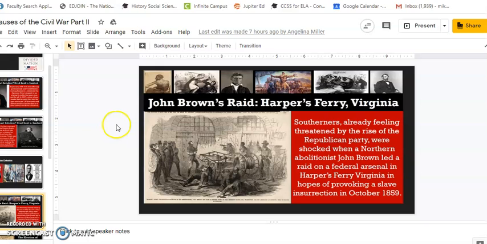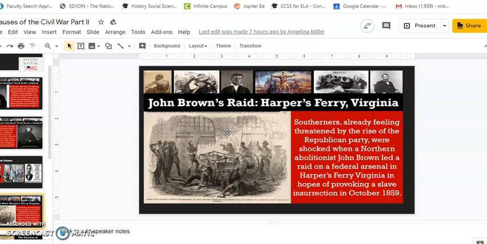So he raided an arsenal here in Harper's Ferry, and he was trying to get a lot of weapons and resources so he can be able to fight an adequate revolt against slavery. But ultimately, the rebellion was put down. He was captured along with his supporters, and he was sentenced to death.